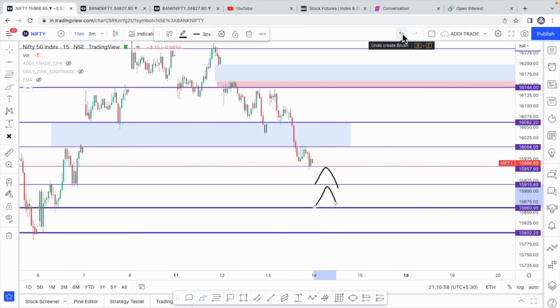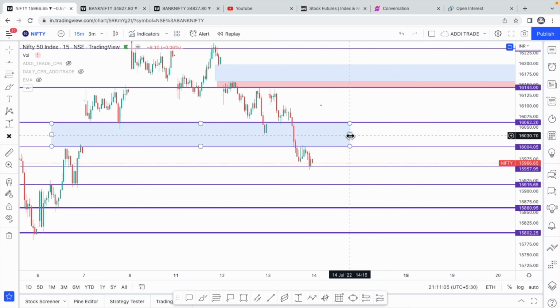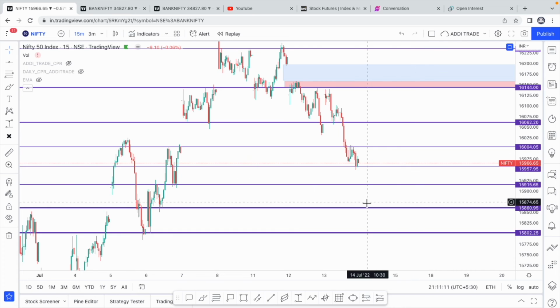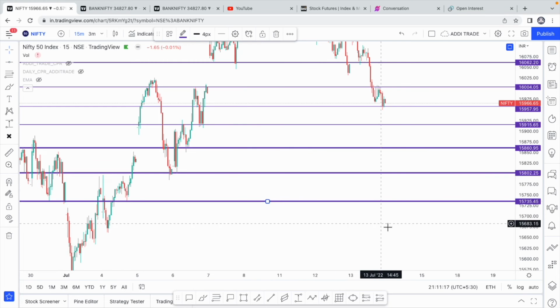Now since this gap is filled, I'm going to remove this gap as it is not required, but all the other levels will remain the same. Below this I don't think we will fall so much, but it's good to keep the levels marked: 15,730.